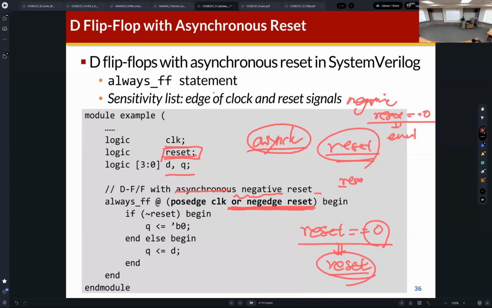So why do we use the negative reset? It is because, as I explained, we need to define the reset state for the state of an electric device when the electric power source is disconnected. When the device is turned off, we need to define its state.